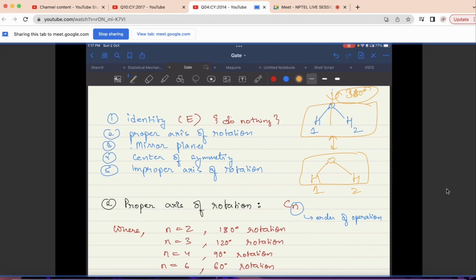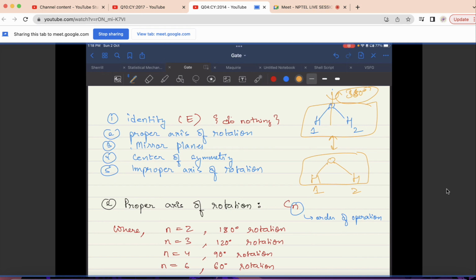So my molecule, after the 360-degree rotation, comes back to the original configuration, and that's why we have done nothing. So this is the identity, and it is found in every single symmetric molecule. When we apply symmetry operations, the identity is always present there.